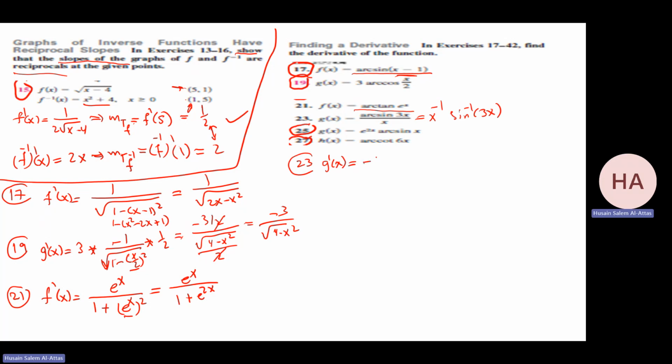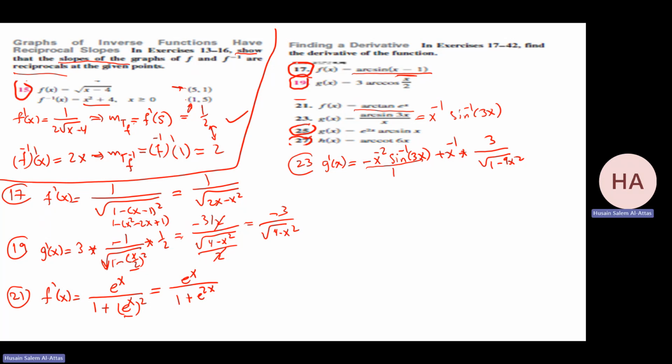Derivative of the first, minus (x minus 2) times the second, plus first times derivative of the second, square root of 1 minus 9x squared times 3. Where I can simplify it as what? I can make this over 1.